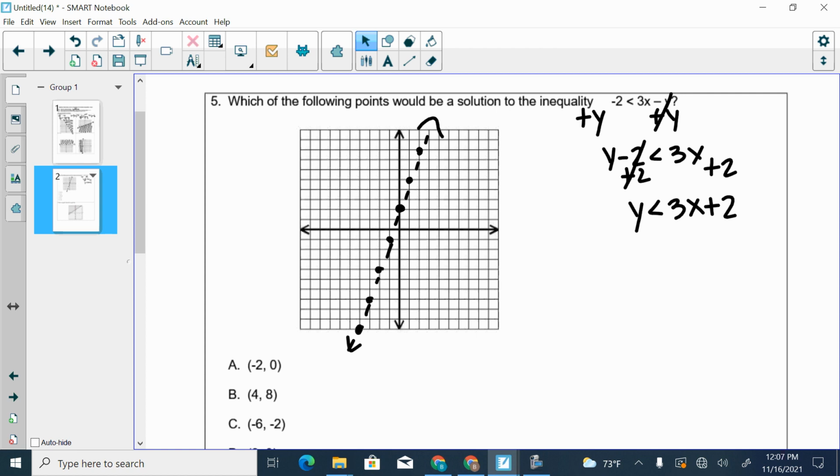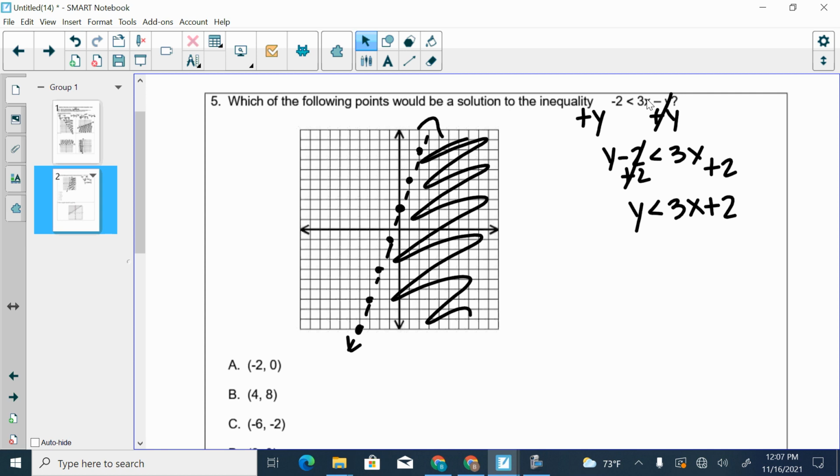Okay, and it said where y is less than, so we shade below. So that would be over here, right? Since it slants this way, below would be under here. If it slanted the other way, below would have been on the left.